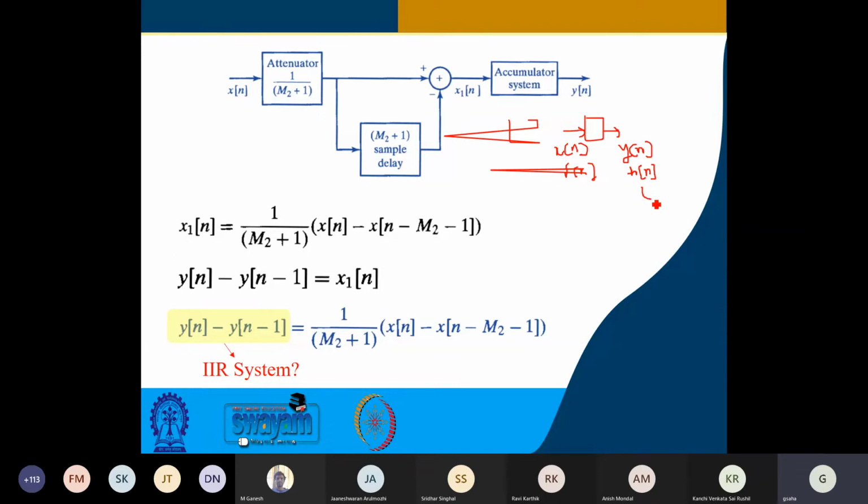If hn is a finite duration, that means hn is non-zero for finite duration. So it could be like this. After that, it is all 0. Or it could be like this. After that, it is all 0. Or it could be like this. After that, it is all 0. Okay. So in that case, we say that it is an FIR system.